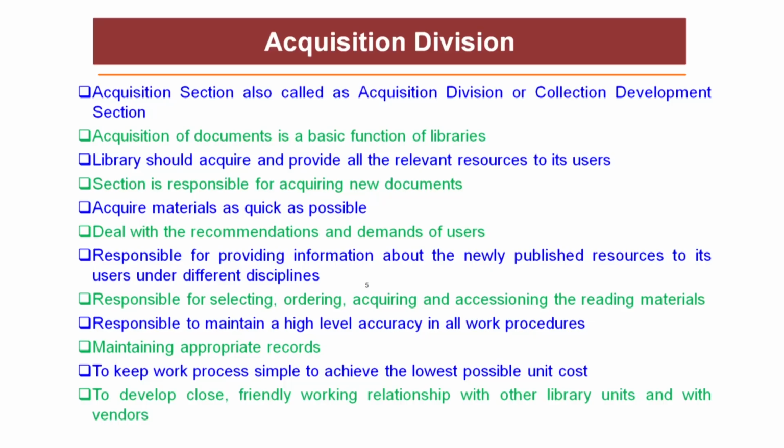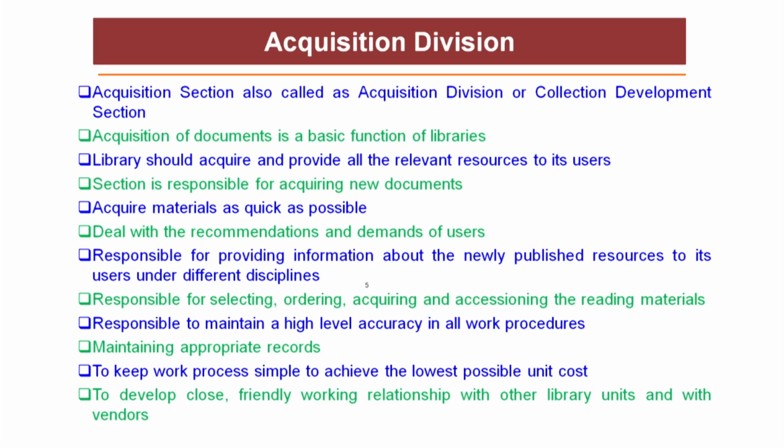As we know, this is the first section we are dealing with in the activities of a library, and here all the details related to a particular document will be available. This section is much more responsible for getting resources, so they should have proper documents, all the details should be available, and all the mechanisms should be transparent. Once this is done, almost all the process of the acquisition division is completed.